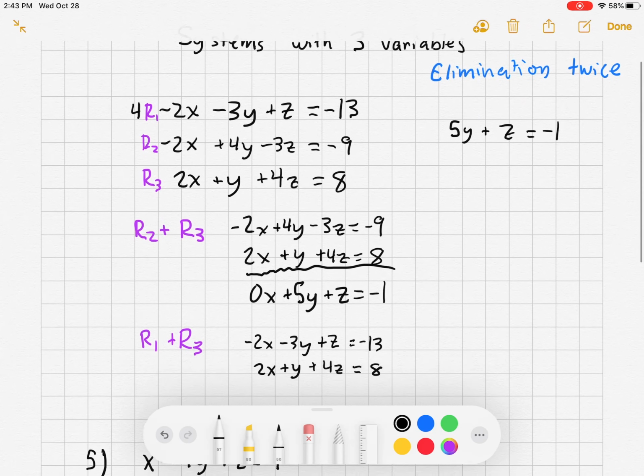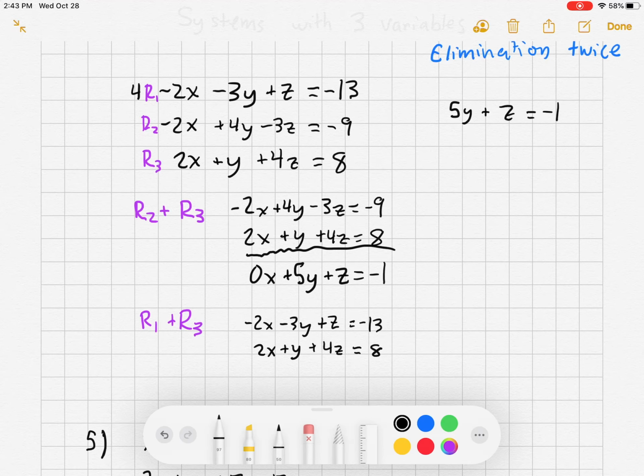Let's just add them together really quick. See what we get. -2y plus 5z equals -5. Cool. Let's go ahead and just write that up there by our other one.